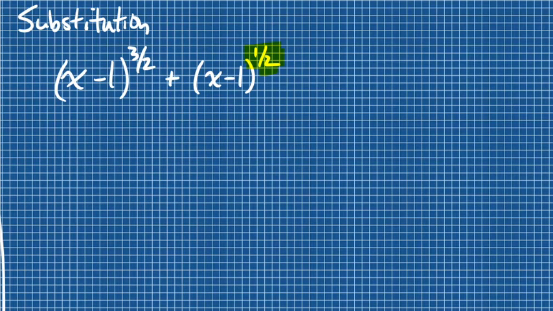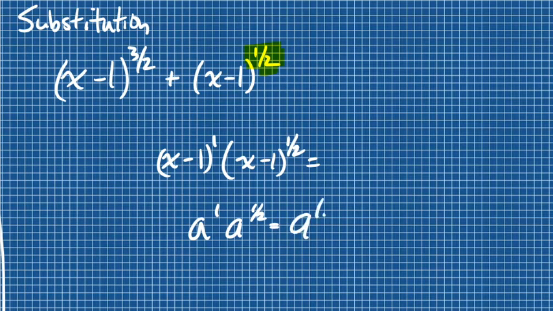But so I could think of x minus 1 to the power of 1 times x minus 1 to the power of 1 half. If I said a to the power of 1 times a to the power of 1 half, that would be a to the 1.5, which is still the same thing as saying a to the 3 halves. So x minus 1 to the 1 times x minus 1 to the 1 half could be x minus 1 to the 3 halves.